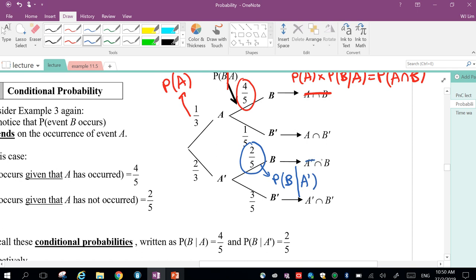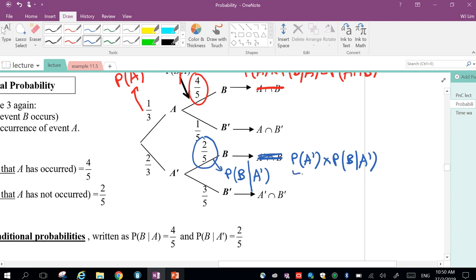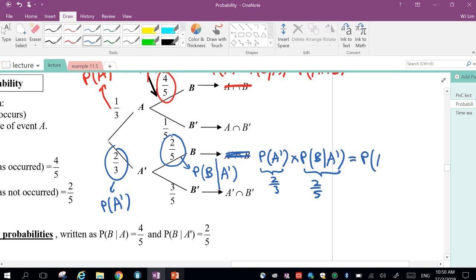That's why you multiply probability A prime, which is your 2/3, by probability B given A prime, which is 2/5. It becomes probability A prime intersect B. This is section 6.